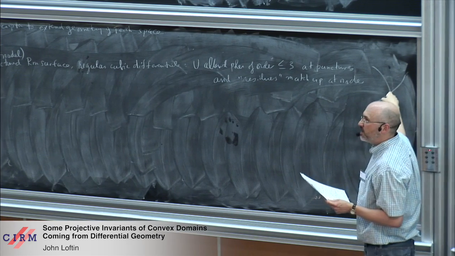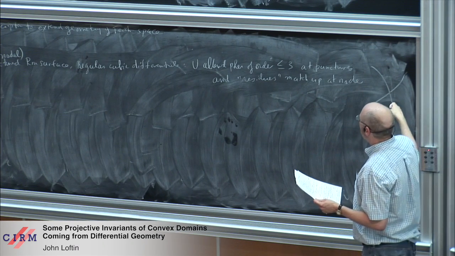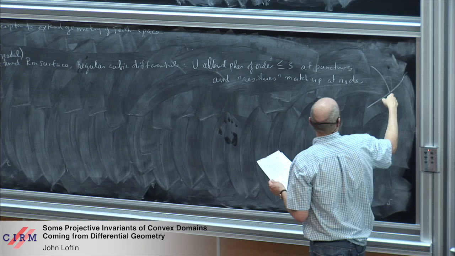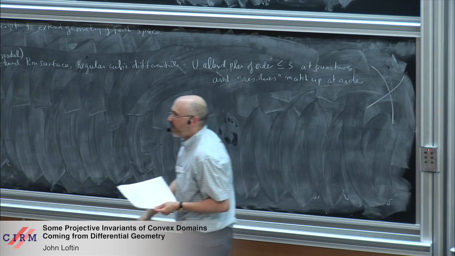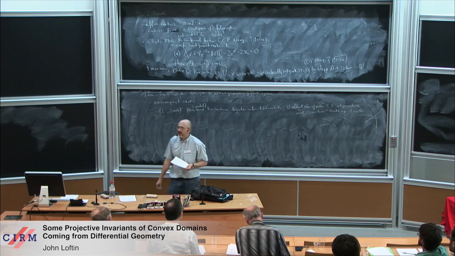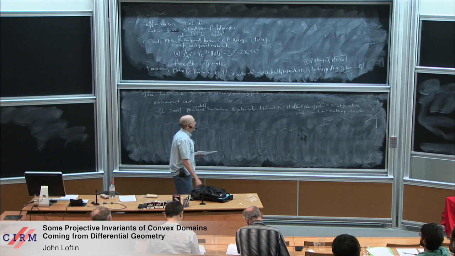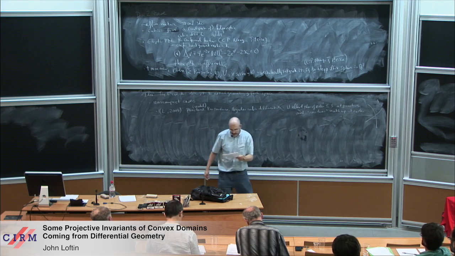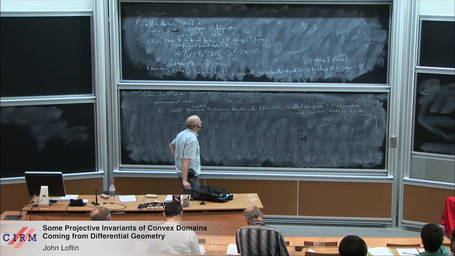So we would say that each of these sheets has a puncture, and I'm allowing poles of order 3 at this puncture, and the residues, which is the z to the minus 3 coefficient, have to add up to 0 in this case to be regular. Okay.